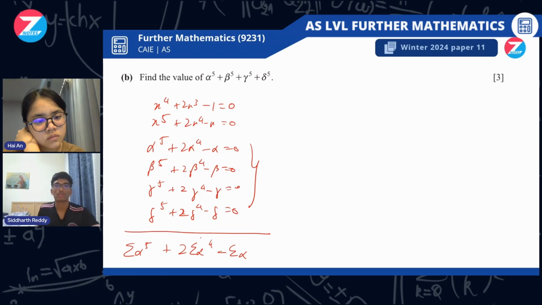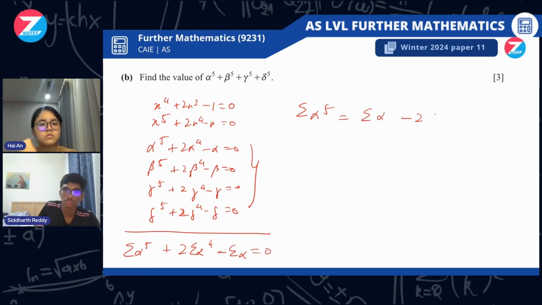Okay. So this is equal to 0 because the sum of all the zeros is just 0. So we're trying to find out the sum of the fifth powers. So that's just equal to the sum of the roots minus 2 times the sum of the fourth powers.